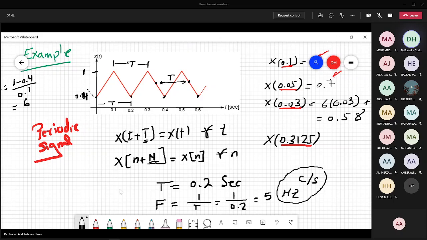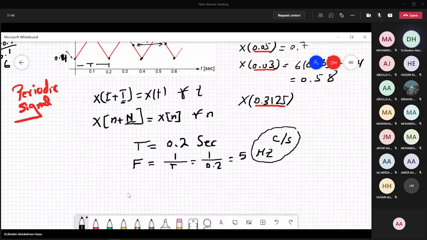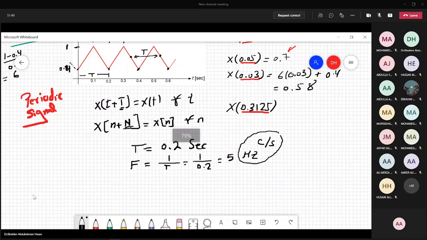Okay, also angular speed. Angular speed is equal to 2 pi f, which is equal to 2 pi divided by T, because 1 over T equals f.